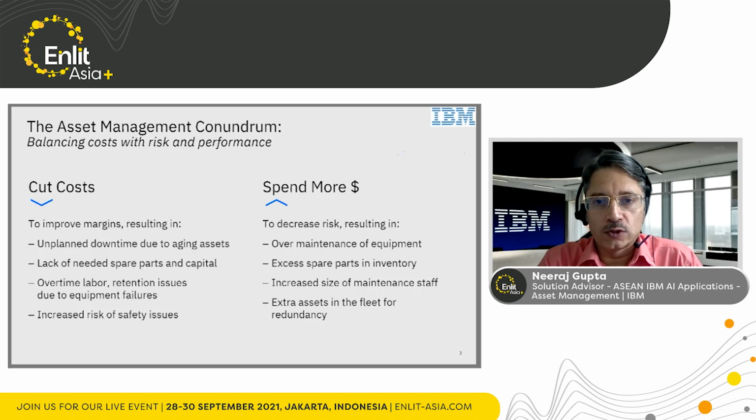If we spend more with an increased budget, then on the other side we fear that we are over-maintaining our equipment, or holding more inventory than is needed to maintain the uptime of the assets. And sometimes we keep a lot of redundant or spare items or extra assets just to minimize the downtime, but that increases the overall cost of managing our assets. So it's a very fine balance that we have to achieve, and it has been a struggle for decades.